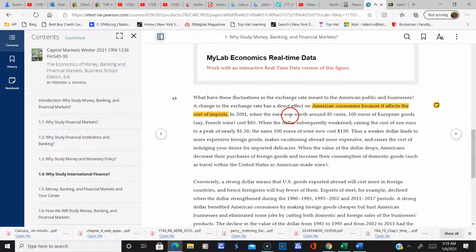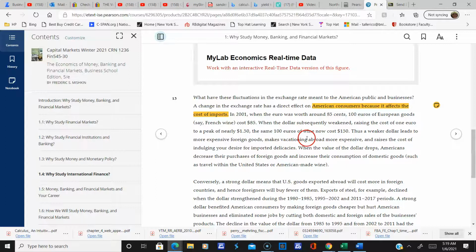So when the euro was worth around 85 cents, 100 euros of European goods cost $85 if you just do the simple math. When the dollar subsequently weakened, raising the cost of one euro to $1.50, the same 100 euros of wine now cost $150. So you can see how this would affect the consumer of foreign goods.